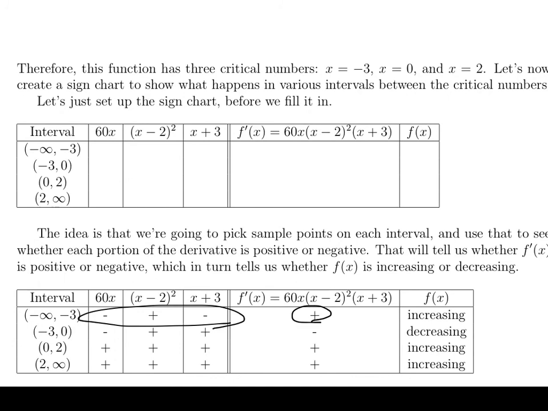And you do that across each row to determine whether the derivative is positive or negative. Having determined whether the derivative is positive or negative, that allows us to transition to saying what the original function is doing. When the derivative is positive, that means the original function is increasing. When the derivative is negative, that tells us the original function is decreasing.